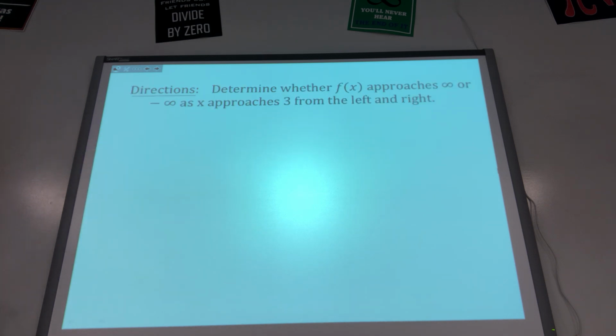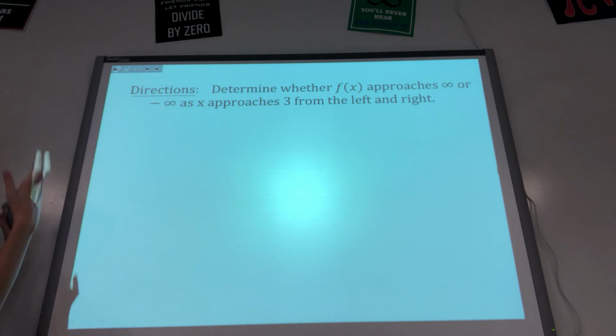Okay, so there's just a couple sets of directions today. Here's the first one. They say determine whether f of x approaches infinity or negative infinity as x approaches 3 from the left and right.